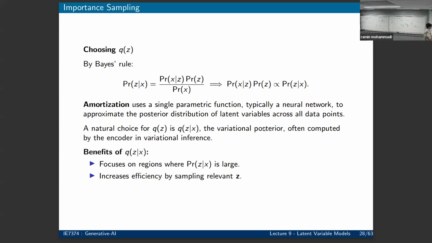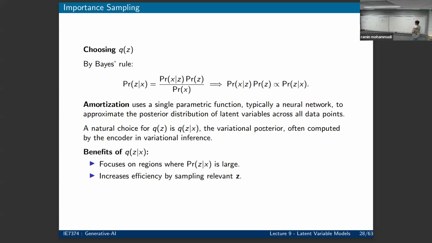The posterior probability of z given x comes from the probability of x given z times the prior of z, divided by a normalization factor.